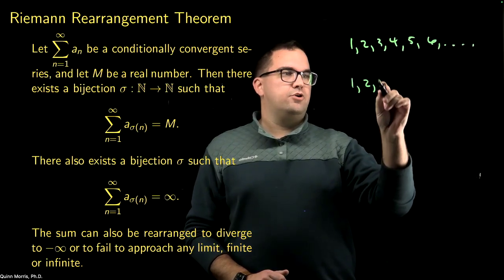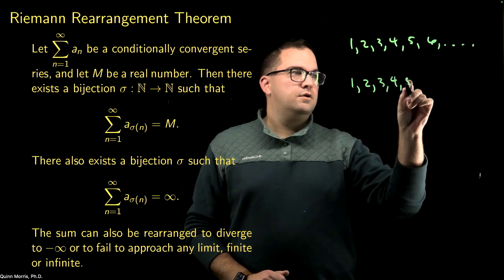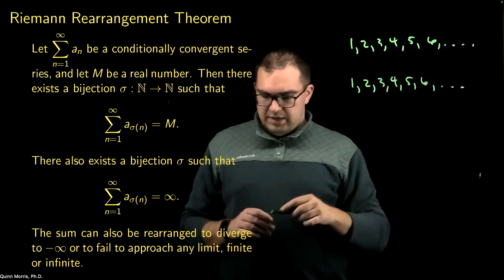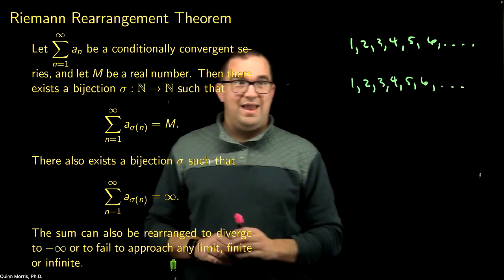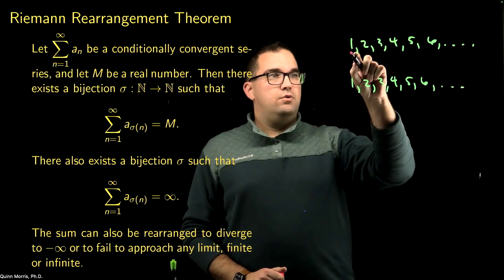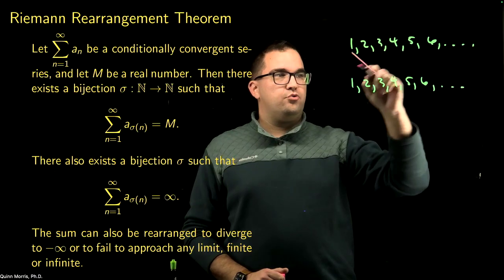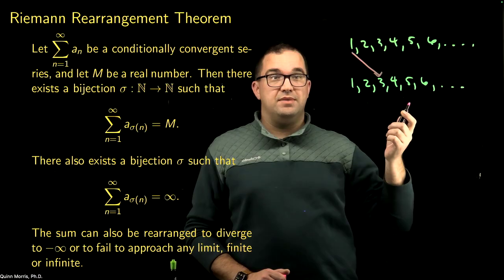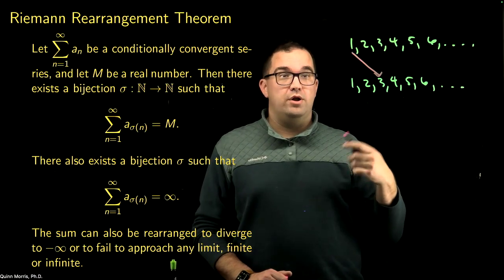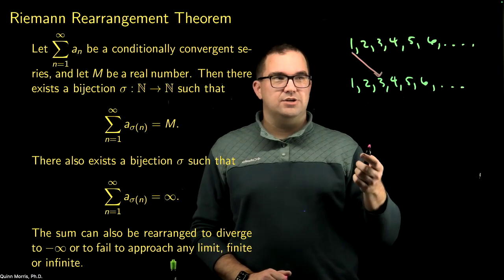And then you can imagine another copy of the natural numbers down here. And this sigma, it's a bijection, so it's 1 to 1 and onto. So it might take 1 to 3, but once 1 goes to 3, nothing else can go to 3. If something else went to 3, then it wouldn't be 1 to 1, and it wouldn't be a bijection.